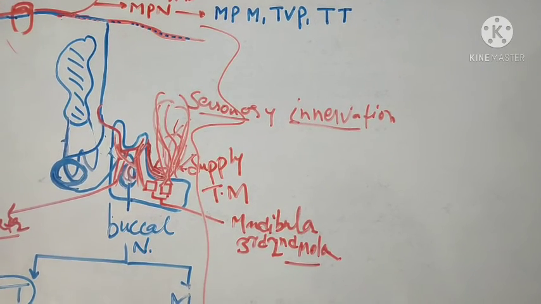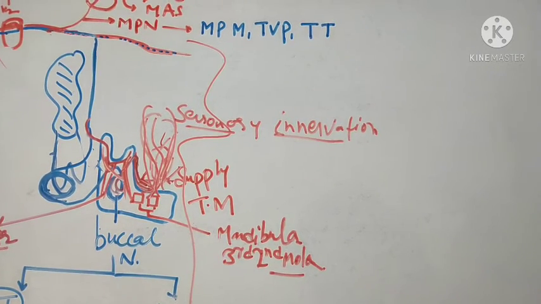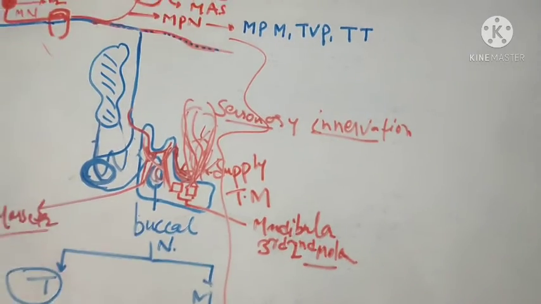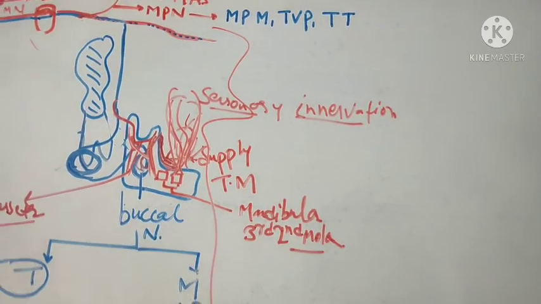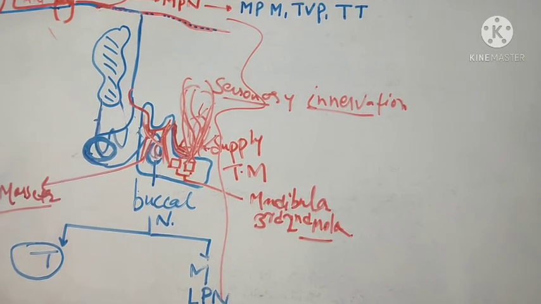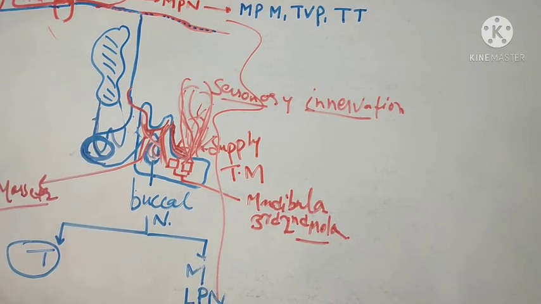These are muscles of mastication, and the tensor tympani is found in the ear. These are some innervations in the cranium. Now the main trunk goes further and divides into two branches.